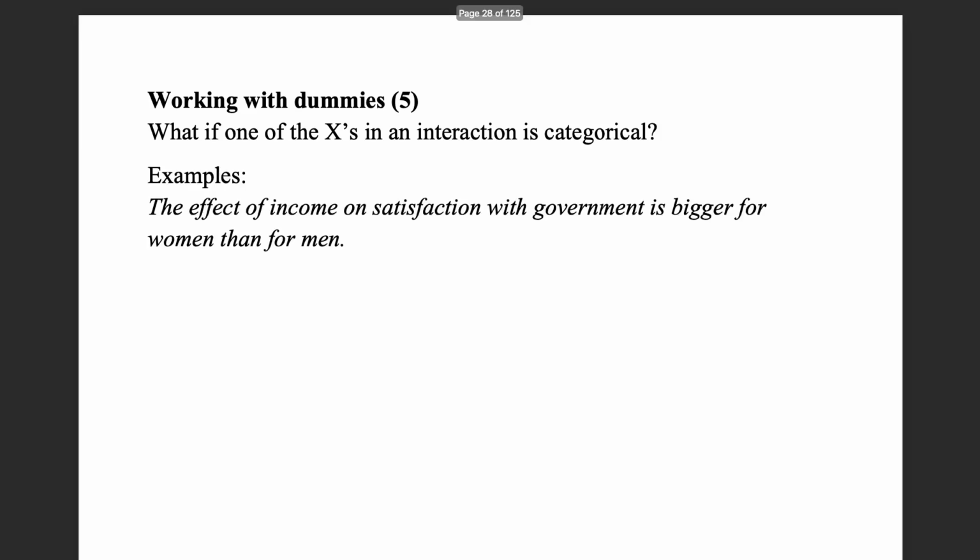Let's consider that. For example, let's say we have the hypothesis that the effect of income on satisfaction with government is bigger for women than for men. So in this case, we have a continuous independent variable, income, but we have a moderator variable, gender, which is in this case measured in just 2 categories. So it's a categorical moderator variable.